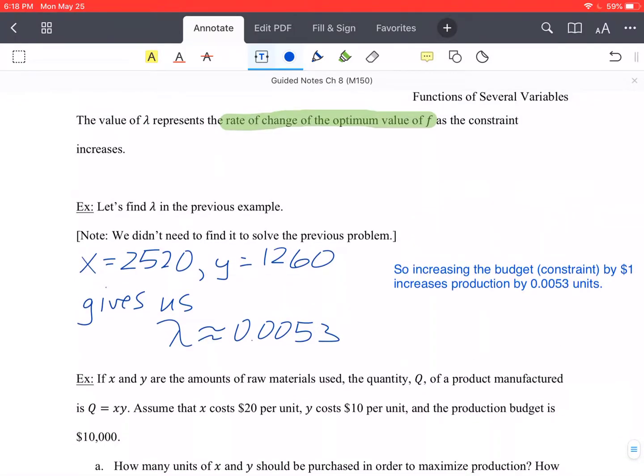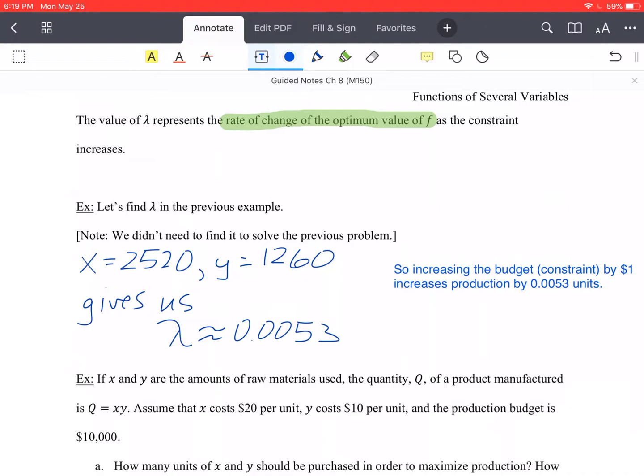So increasing the budget by $1 increases production by 0.0053 units, which seems really small, but clearly this business is working on a fairly large scale, right? Since they're working in the context of $378,000, and we're just adding $1. But if they did it by $1,000, then they would be getting about 5 units more production than they have now. So it just depends on the context of the problem.